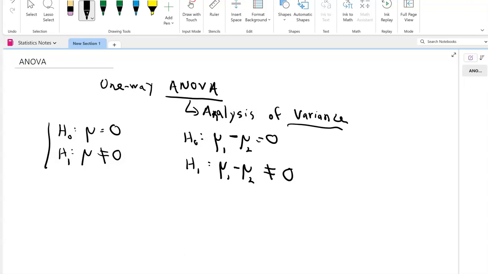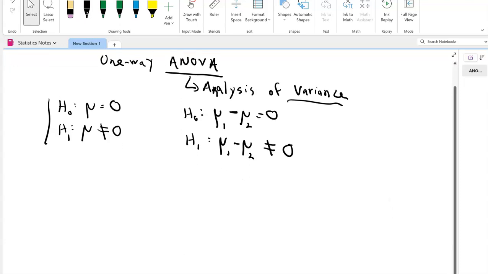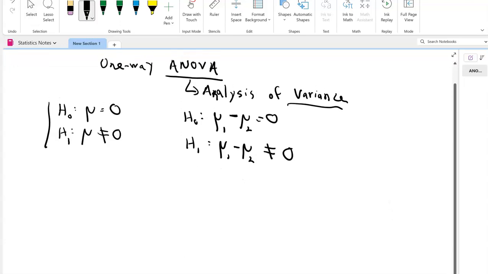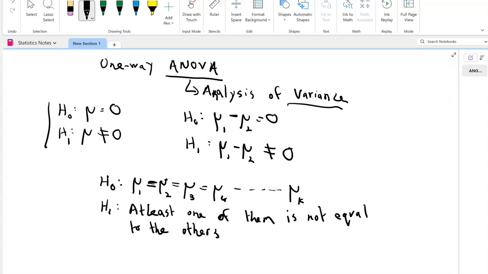What if we have more than two samples? That's when analysis of variance comes in, and what we are doing here is we're testing in our null whether multiple samples have the same means or if they don't.